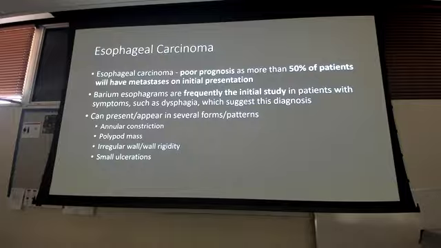Those are your 2 top factors to be concerned about this. There are different ways it could look: constriction, polypoid mass, irregular wall, small ulcerations. It's all of those things with the history and the dysphagia that make you start thinking esophageal cancer.